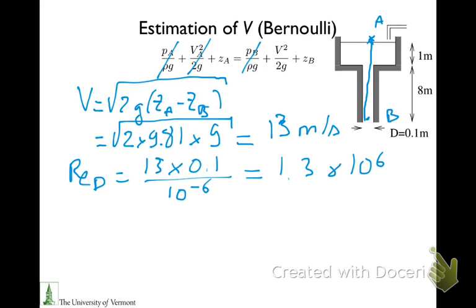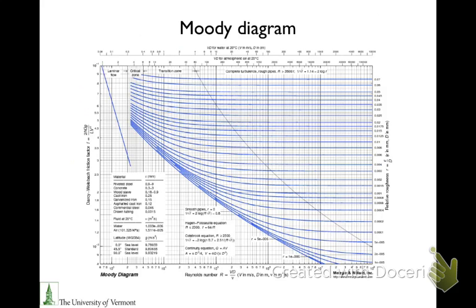So now I jump to my Moody diagram, and in my Moody diagram 1.3 times 10 to the 6 is going to be roughly here, and my epsilon over d is 0.0045, so I follow all the way, and I am roughly here at 0.0165.